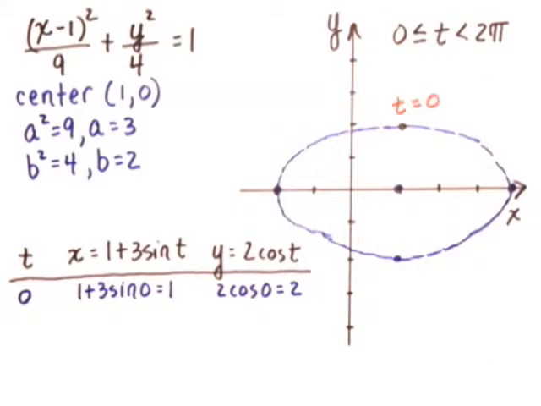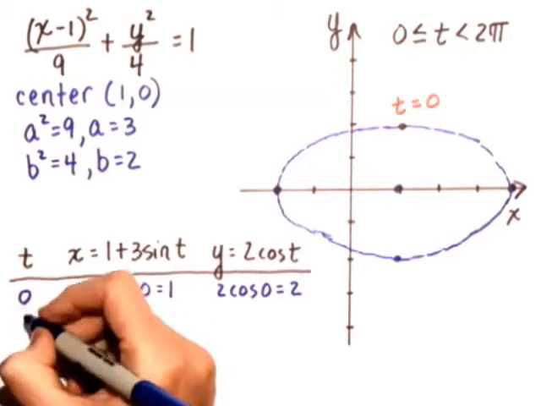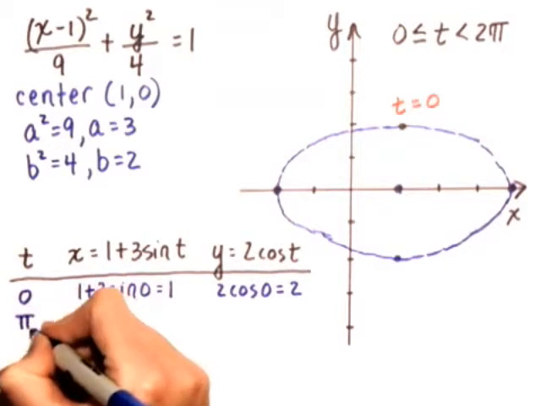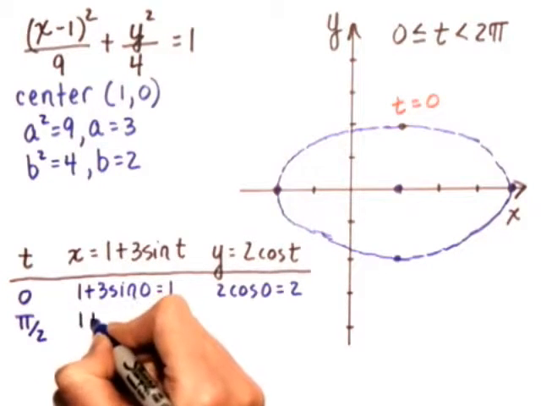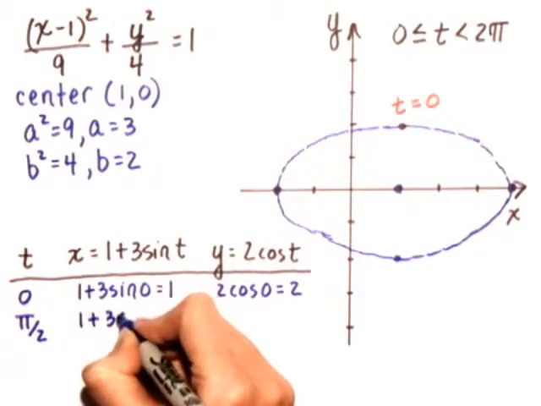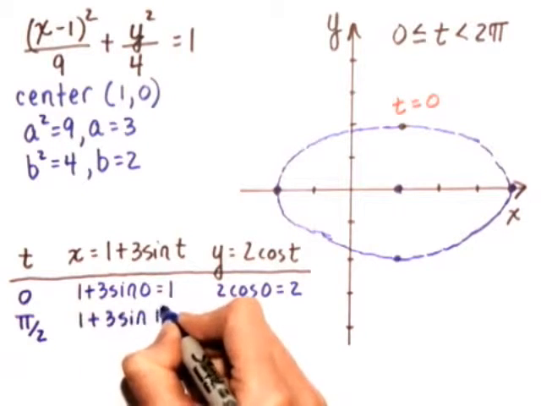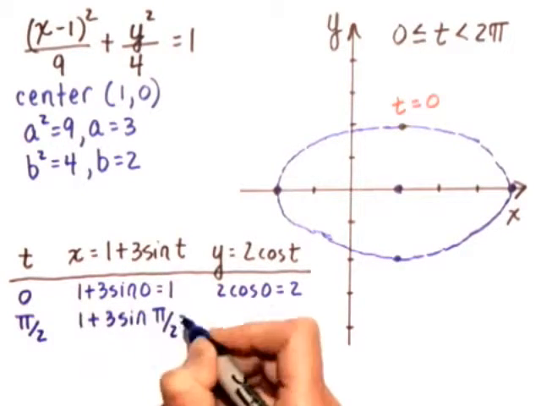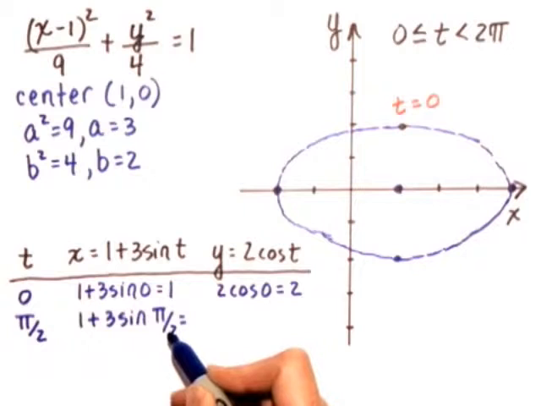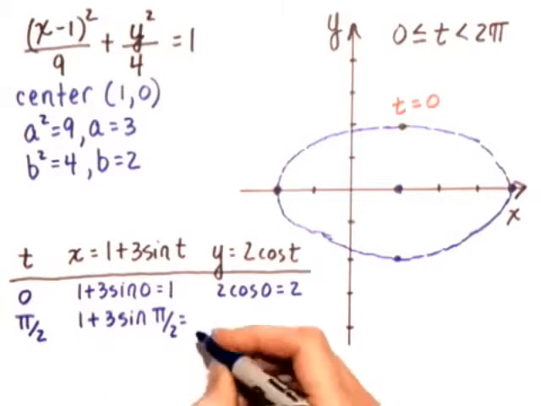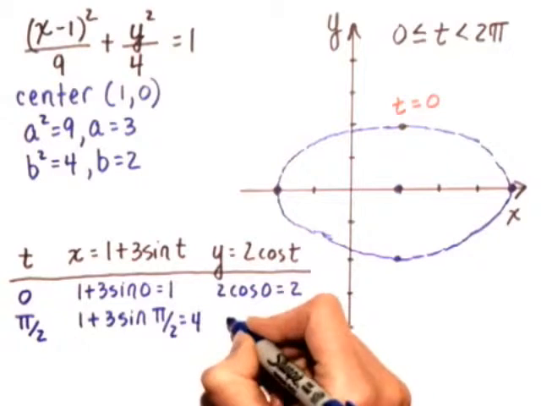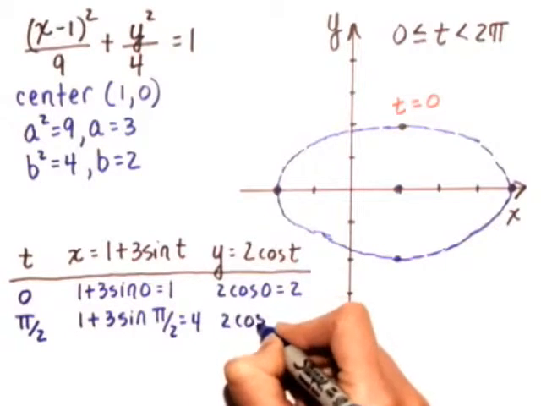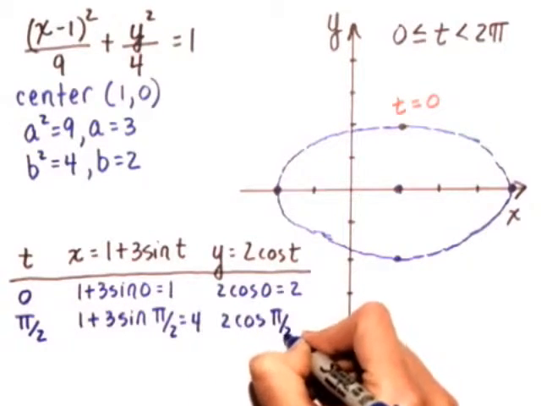Let's pick another value for t now. Let's say, let t equal pi over 2. If we let t equal pi over 2, then x equals 1 plus 3 times the sine of pi over 2. Since the sine of pi over 2 is 1, 1 plus 3 gives us 4. Again, y equals 2 times the cosine of pi over 2.